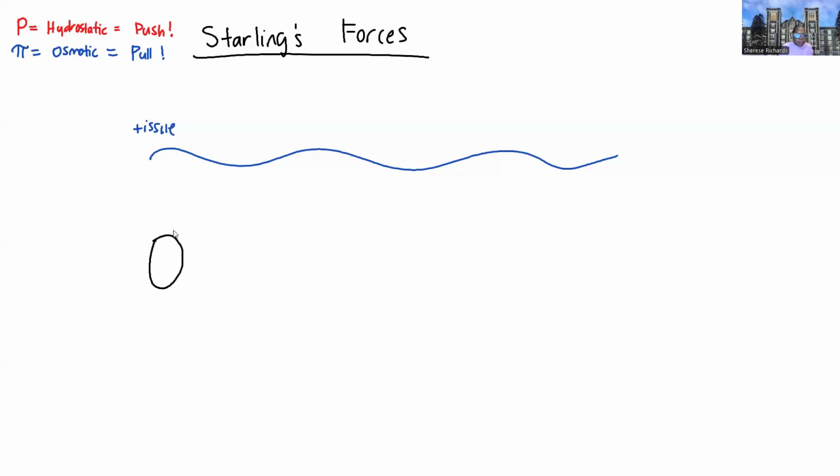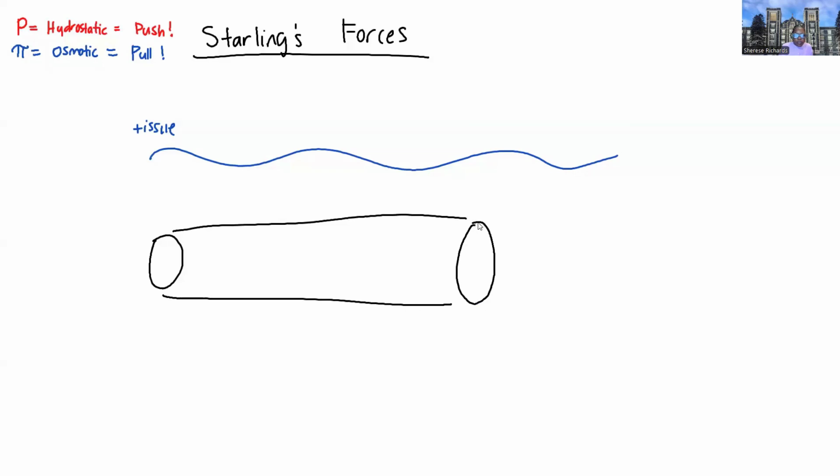Here's our capillary. This is the tissue space, and this is the actual plasma space. So here's plasma, and then here is interstitial fluid, the interstitial space.